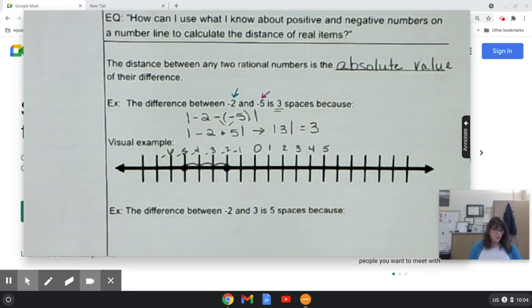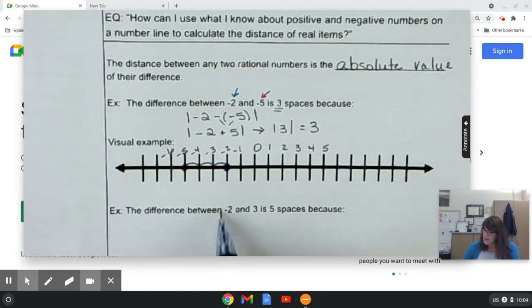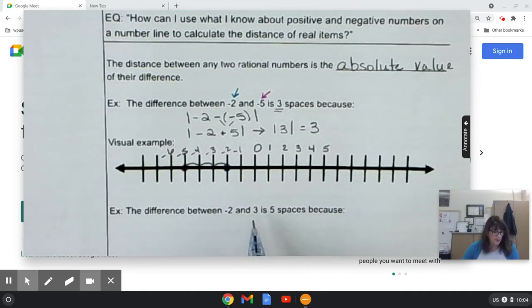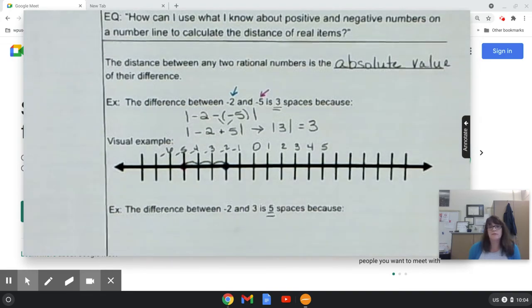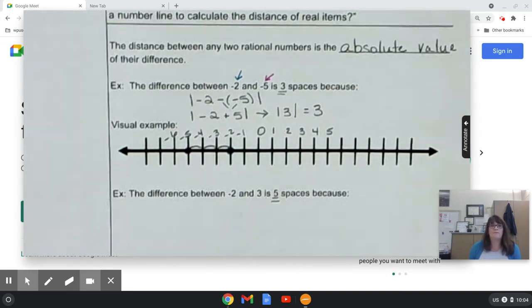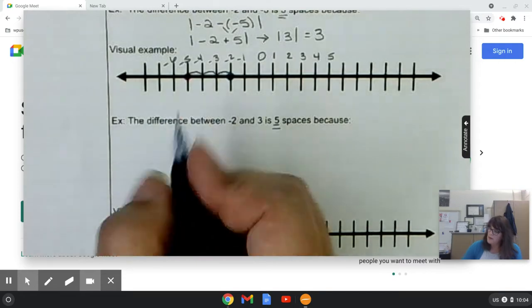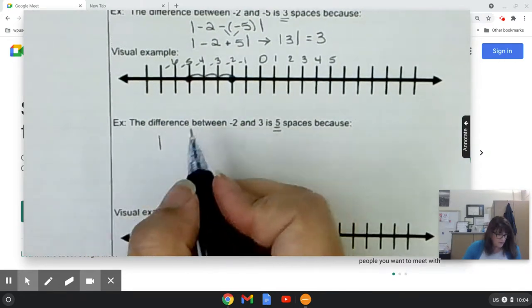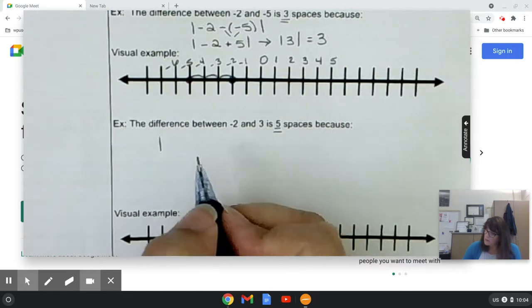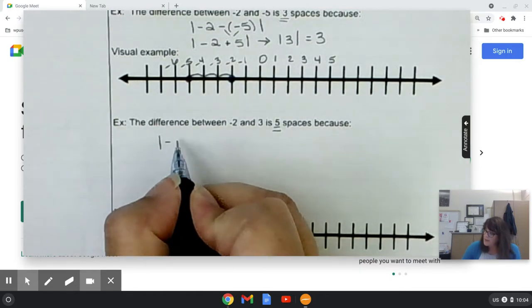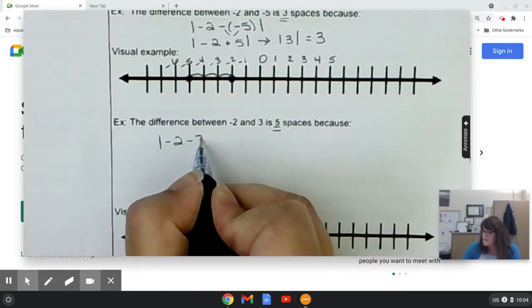Okay? So here's another example. The difference between -2 and 3 is 5 spaces. Well, why? Okay? The absolute value, okay, of -2 minus 3.